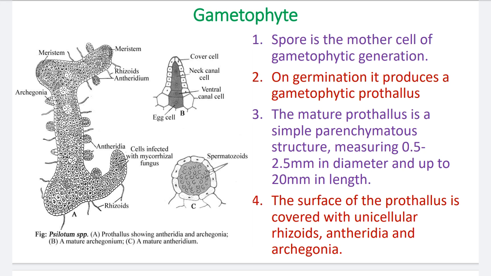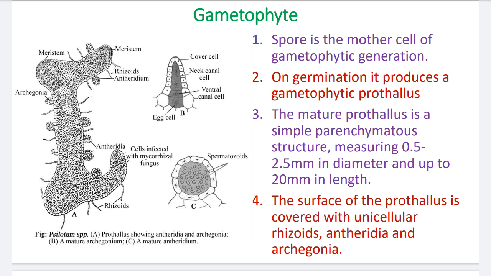Now this photograph shows the prothallus, meaning the gametophytic plant body, which is the juvenile or very initial stage, and this gametophytic plant body carries out the sexual reproduction. You see in the photograph the prothallus, and toward the periphery the reproductive organs are there.